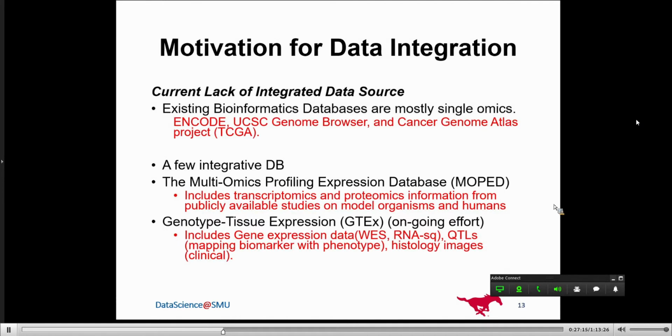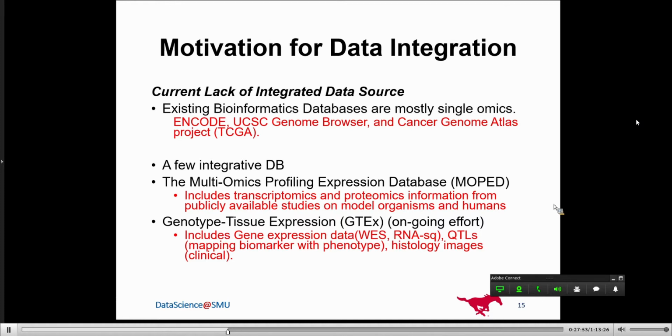Next, I want to talk about the motivation for data integration. First, currently there's a lack of integrated data sources. The existing bioinformatics databases are mostly single omics, such as the TCGA or ICGC databases. There are a few integrative databases such as MOPED and GTEx. They try to integrate the gene expression and histology images, which is basically clinical data.